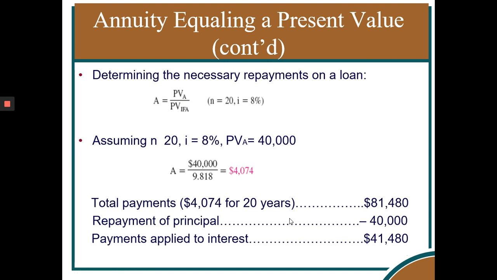You can think of the example of buying a house or buying a car. Let's say you're paying monthly this amount of money that includes interest and principal. You end up paying 81,480. How much have you taken? Your loan was 40,000. Therefore, what is the interest? The interest alone is 41,480. It's actually higher than the principal itself.